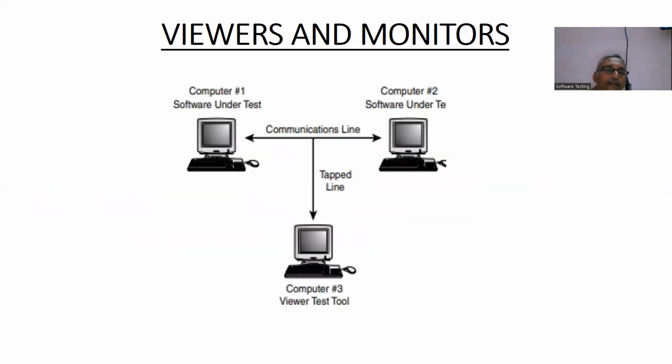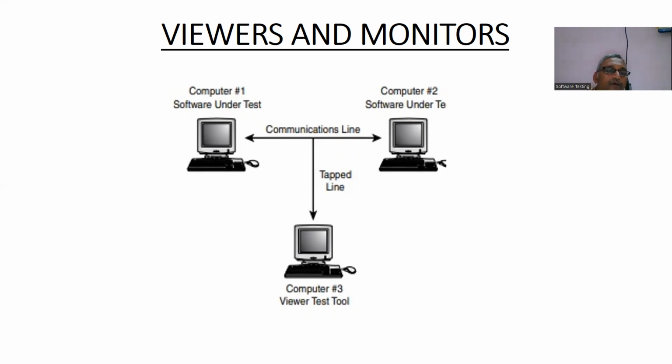So viewers and monitors. This diagram shows an example of another type of viewer, a communication analyzer. These tools allow us to see the raw protocol data moving across a network or other communication cable. It simply taps into the line and pulses of the data as it passes by and displays it on another computer.